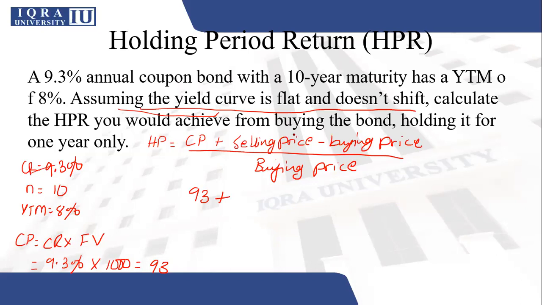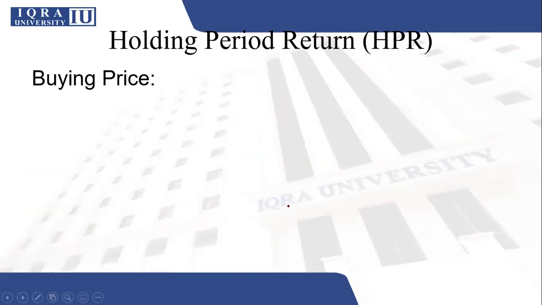How to calculate that? You need the price of the bond. There is only one bond valuation formula, which means you will have to use that formula only. So first we are going to calculate the buying price, which is the price right now. So bond valuation, this is the formula.